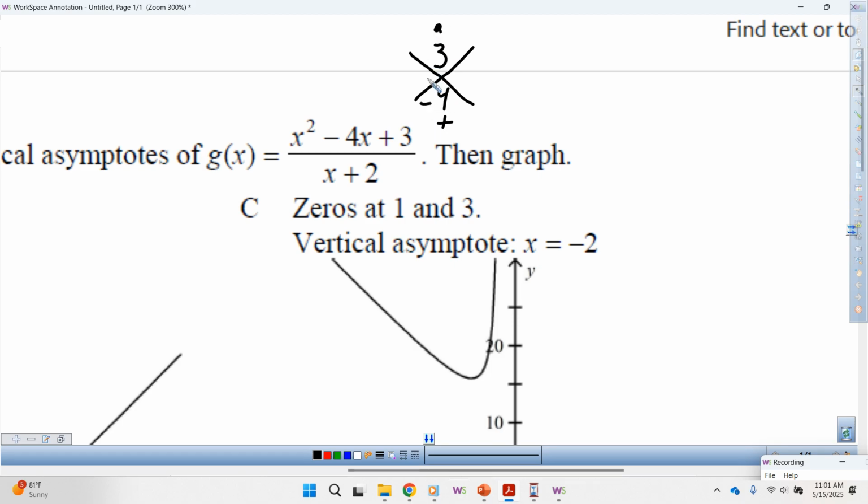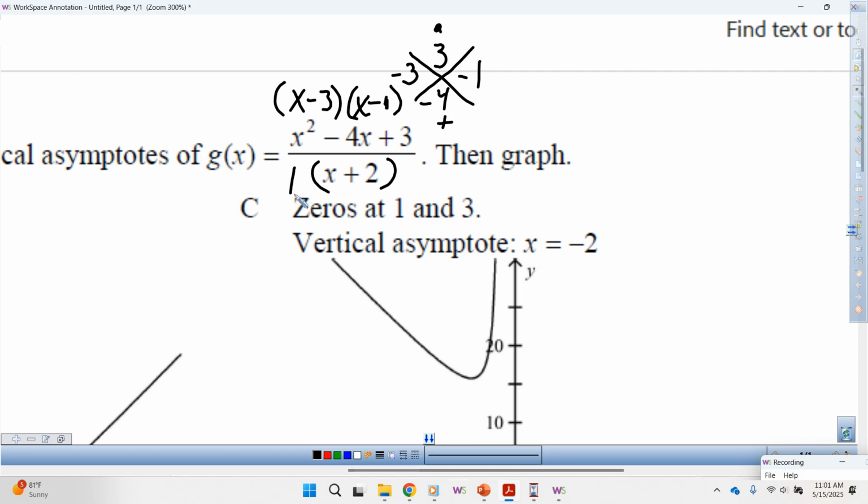What two numbers multiplied give me 3 and when you add them give us -4? That's -3 and -1. That means my factors are x minus 3 and x minus 1. The denominator would be what? That's a 1 on the GCF.